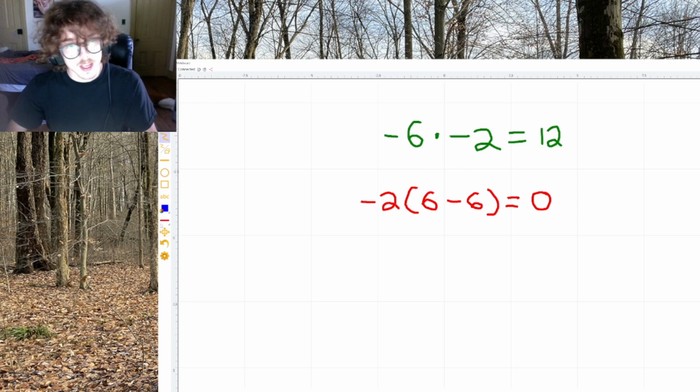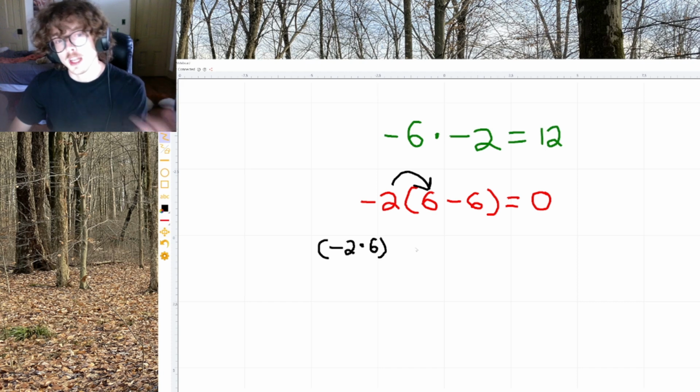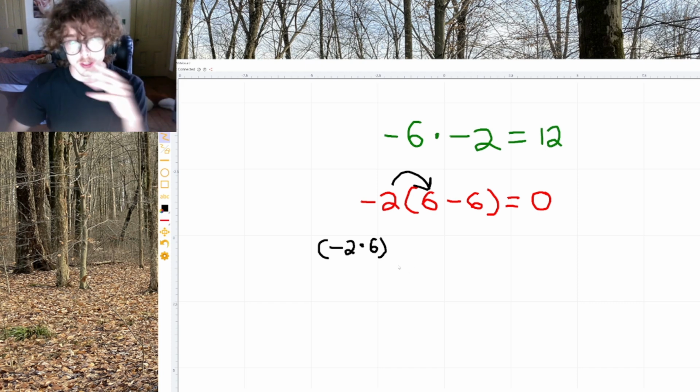So what I can say here is that, and I'm actually going to make this a little more elaborate. So in the black here, we're going to do negative 2 times 6. So negative 2 multiplied by 6. Okay? So that's the first part. We're just going to split this up here.